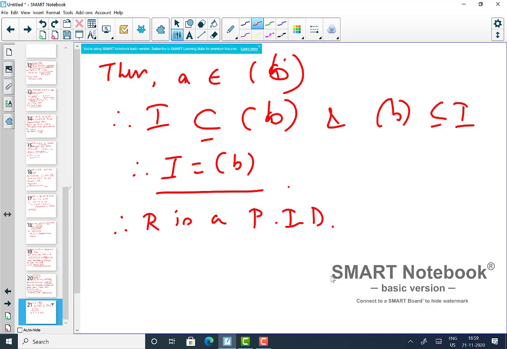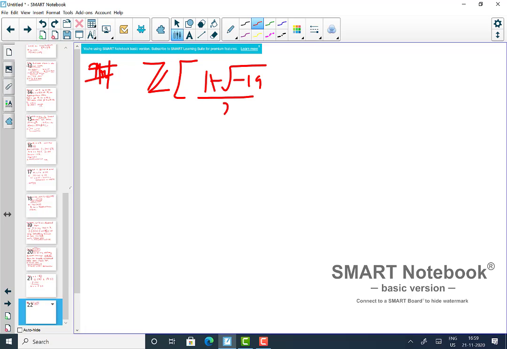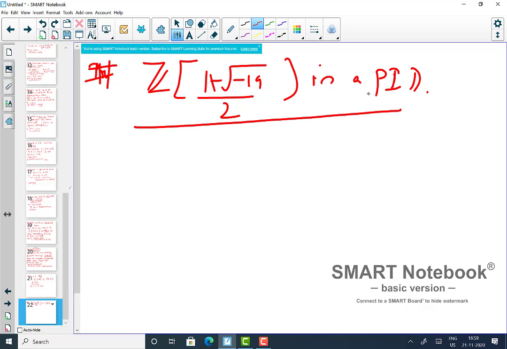But the proof is not so easy, so maybe we will just give you the hints. The statement is that Z of (1 plus minus 19 by 2) is actually a PID. Now how to prove it? You need to find the Dedekind norm, then you are done.